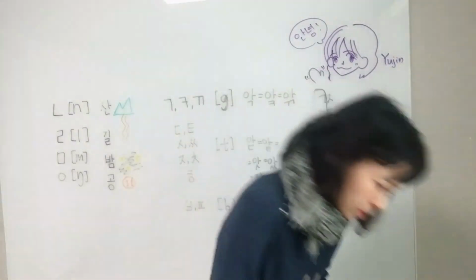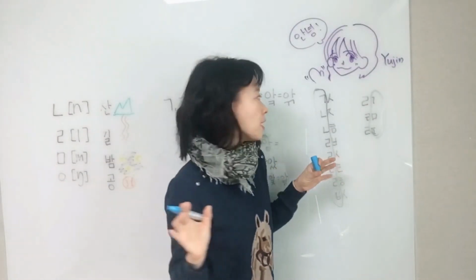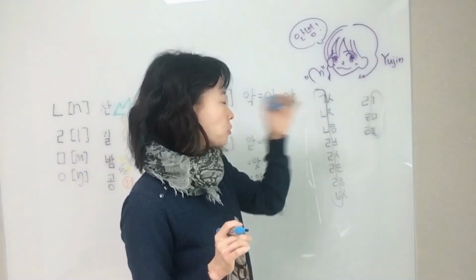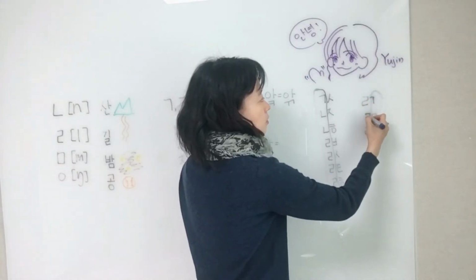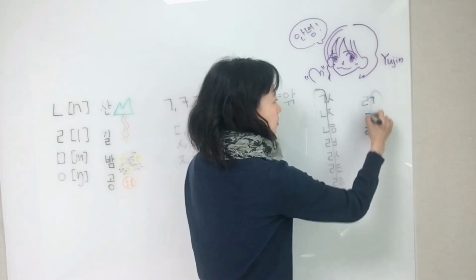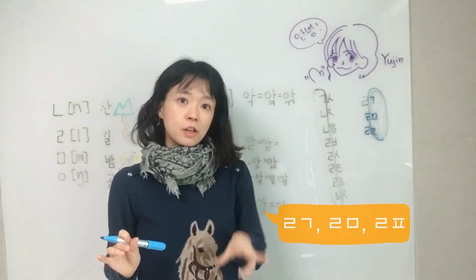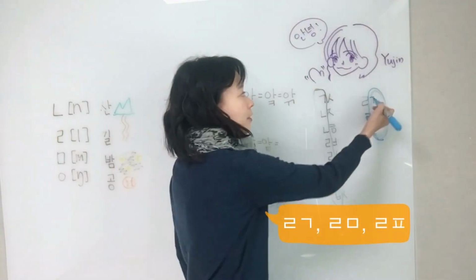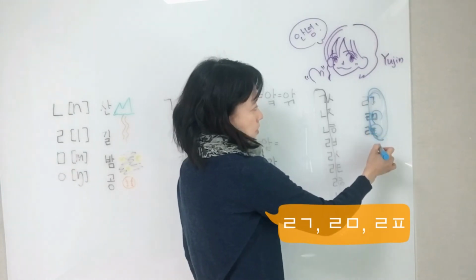So, you don't have to memorize all these consonants. You just memorize this: ㄹㄱ, ㄹㅁ, ㄹㅍ. Only these 3 double consonants have the latter letter keep the sound.